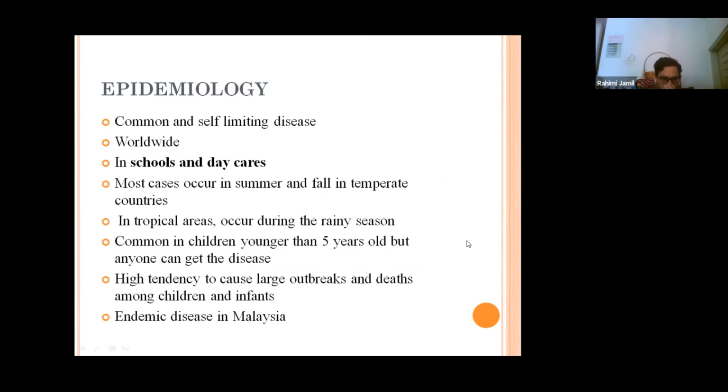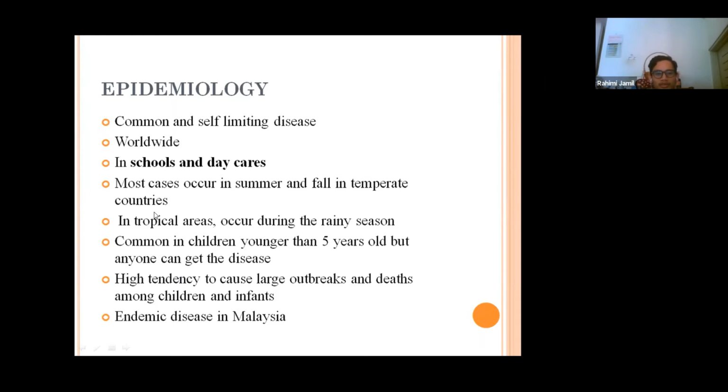For the epidemiology of HFMD, hand, foot, and mouth disease is generally a common and self-limiting disease among children and infants. It occurs worldwide, and multiple outbreaks are usually reported in schools, daycare centers, and other crowded places such as military installations and large communities.